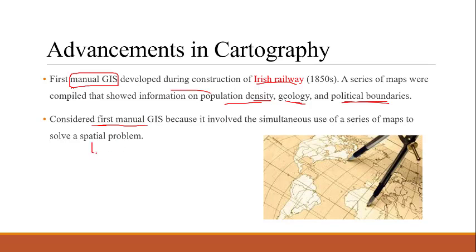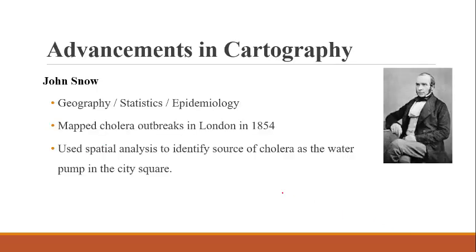As we discussed in the previous lecture, spatial means x, y, or latitude, longitude on the Earth's surface. So this is a spatial problem. Whatever occurs on the Earth's surface is known as a spatial activity.